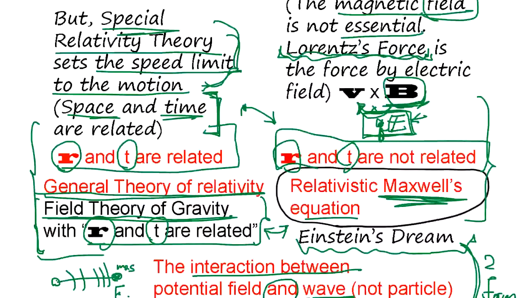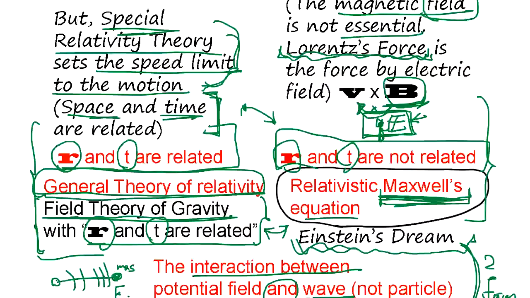Okay, so you have to consider Maxwell's equation the ultimate goal of classical physics, and the general theory of relativity the ultimate result of the gravity field theory. Okay, and combining them together has not been done.